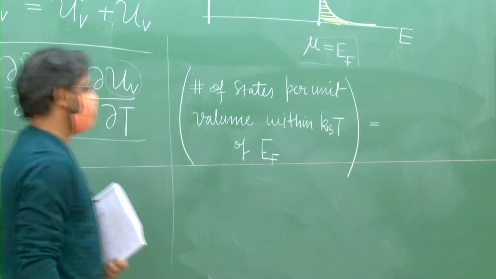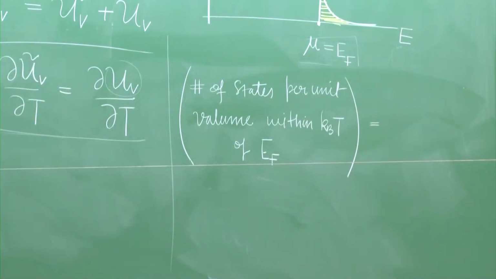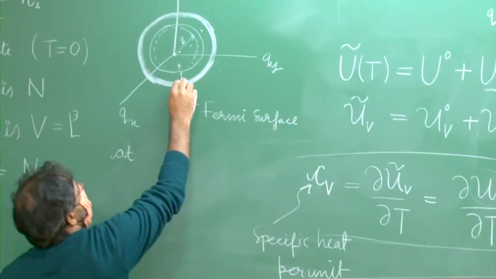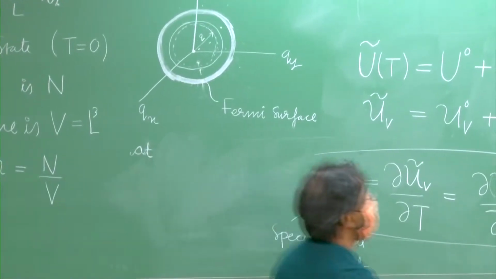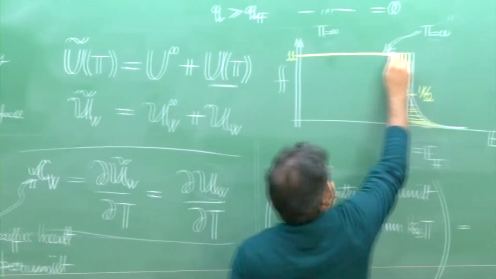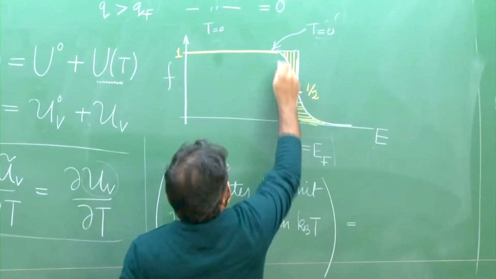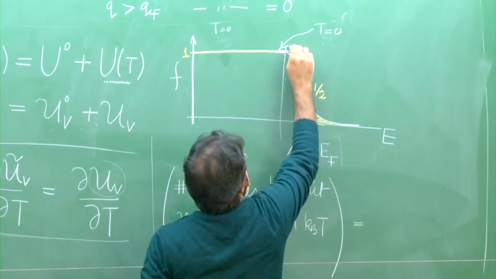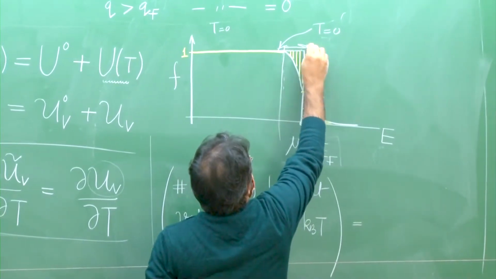Who will answer this question? How many states are there within kBT of EF? So, I am talking about can you count the number of states that are there within this shaded region? So, this is your kBT, by the way, this width. This is kBT from here to here. Okay. So, this width is of the order of kBT.